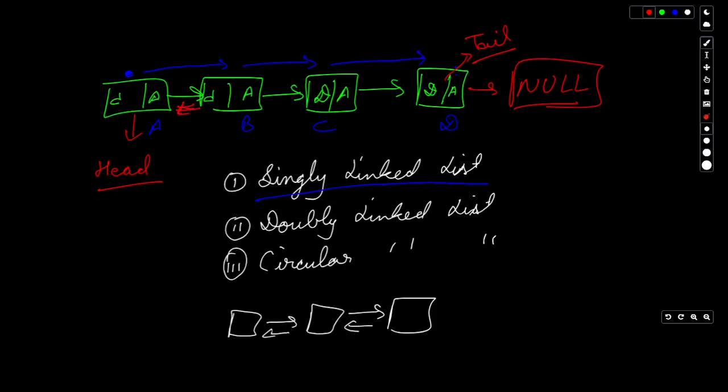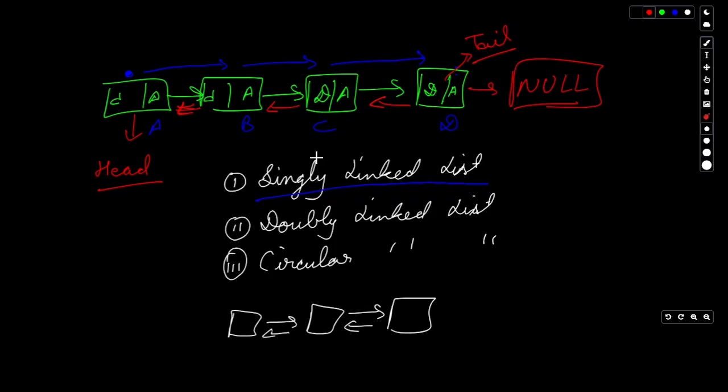It is only possible if a link is there in the opposite direction. When we add a link in the opposite direction, the singly linked list is converted into a doubly linked list, when you can go back. So our train is actually a doubly linked list.